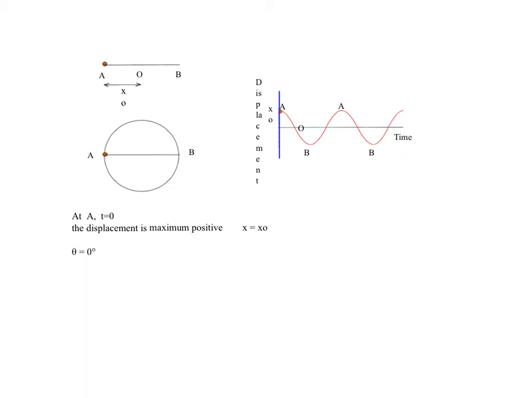And you can see here that you have the x-axis and the little object that's spinning around the circle is shown as a dot on a straight x-axis depending on its position, with B and A being the maximum displacement, so the amplitudes of the oscillation. So you can see that at time 0 the displacement is the maximum. We take this side to be positive and this one to be negative.